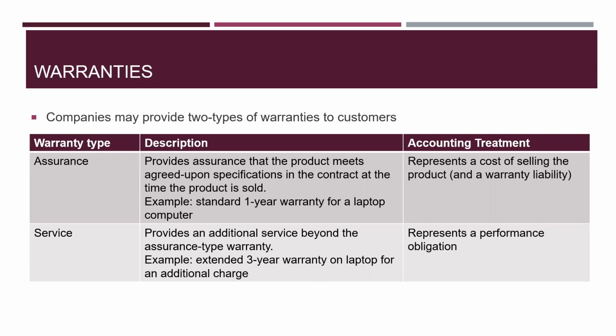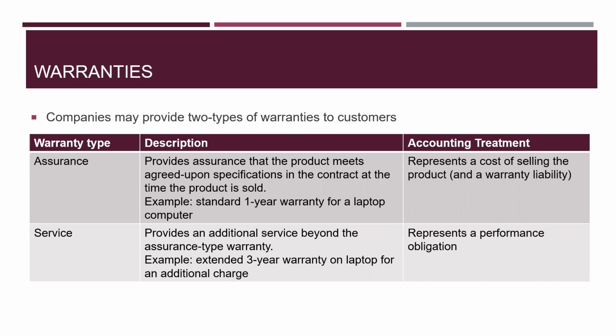Here, your product and the assurance type warranty is one performance obligation. It's not tied to anything. They are interdependent. You have to have the product in order to have that 1 year inbuilt warranty, and the cost of that is already inbuilt in the cost of the laptop or computer in this case. So it is seen as a single performance obligation.